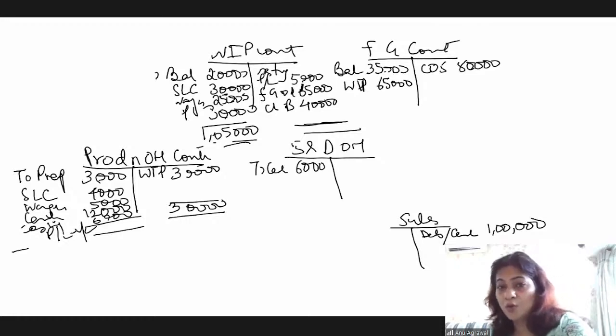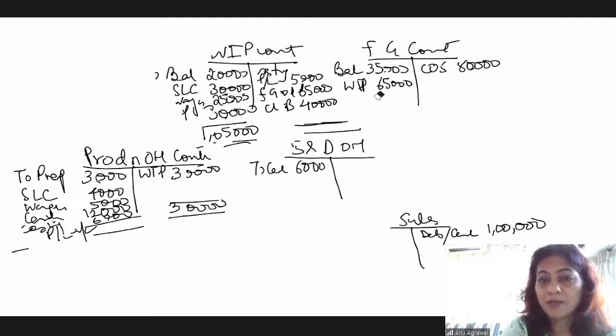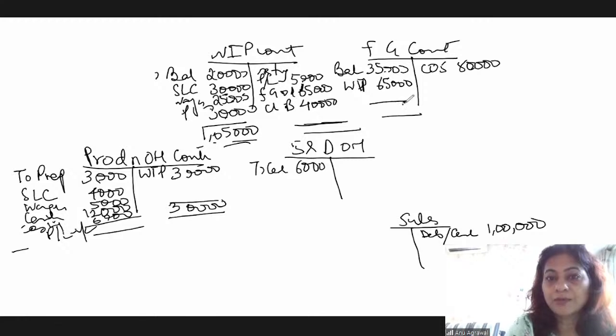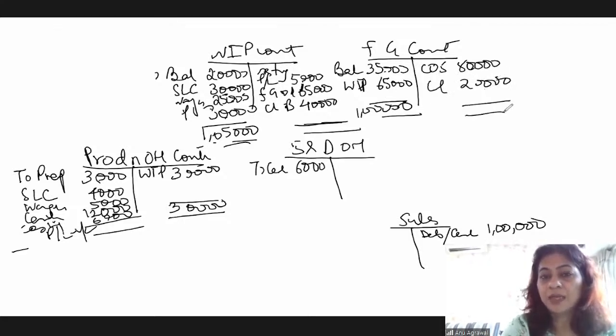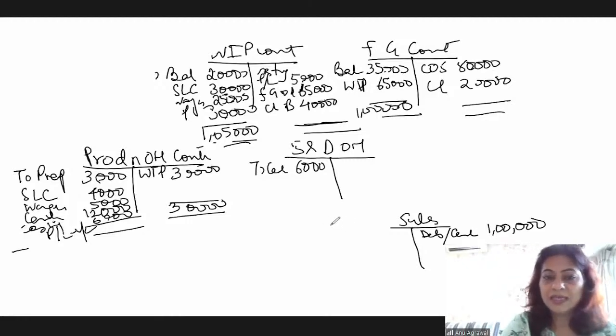Right. Now, if I close this finished good control account, it is 1 lakh. So the closing balance is 20,000 in the finished good account. Selling and distribution, I'll transfer to the costing P&L account. This sales also you will transfer to the costing P&L account, 1 lakh.